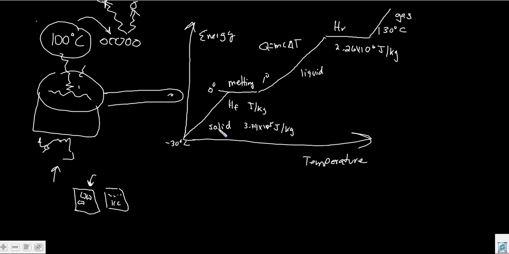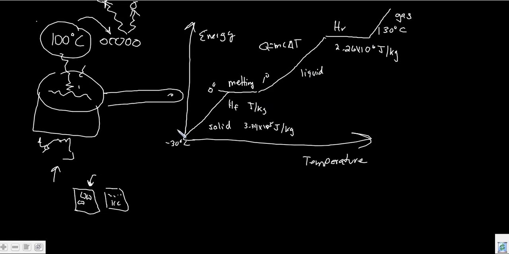So for water, the specific heat of solid water is about 2,000 joules per kilogram, the specific heat for liquid water is about 4,000 joules per kilogram, and the specific heat for the gas state is somewhere around 2,000. So we have to make sure to add that in.